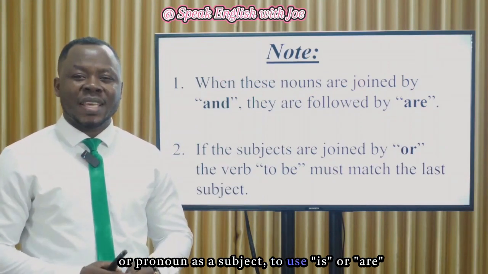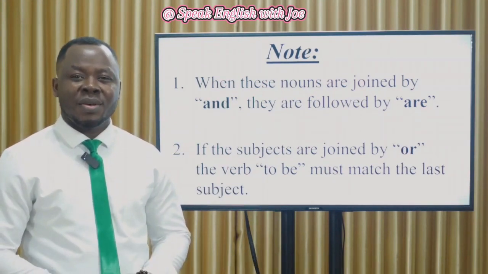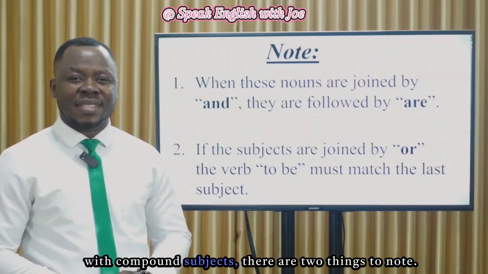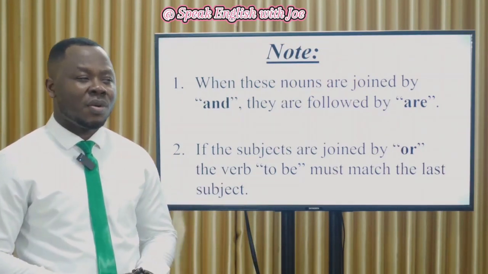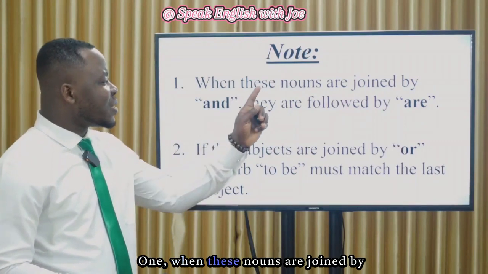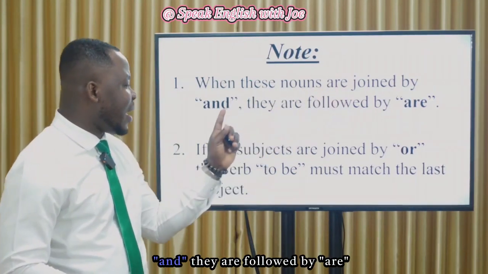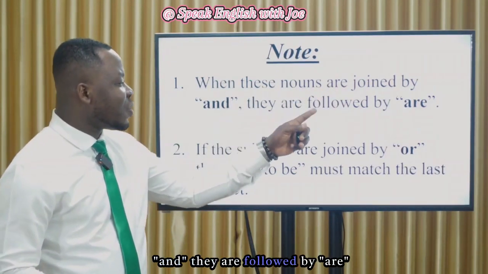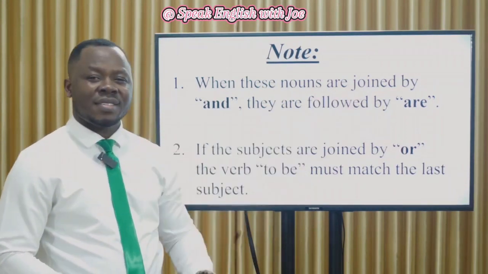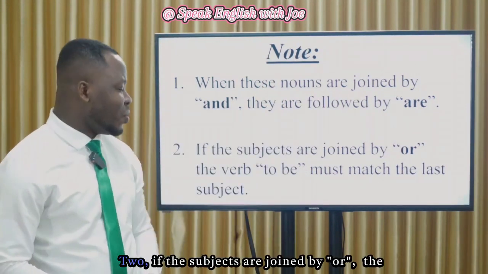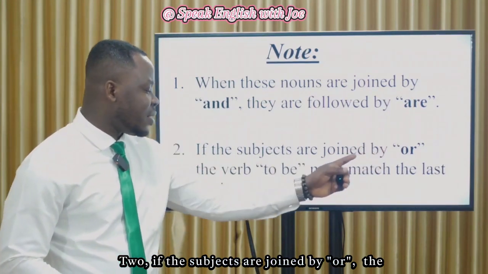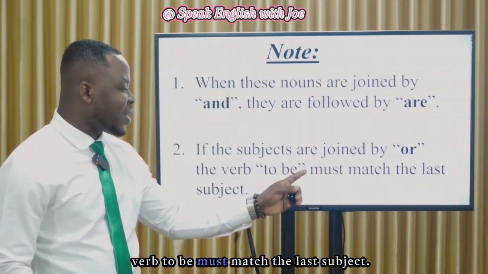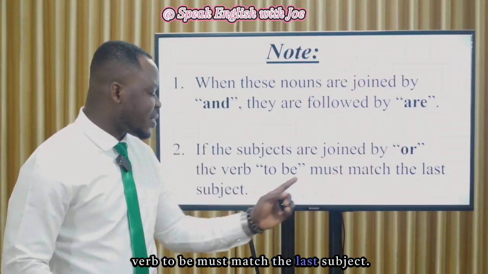To use is or are with compound subjects, there are 2 things to note. 1. When these nouns are joined by and, they are followed by are. 2. If the subjects are joined by or, the verb to be must match the last subject.